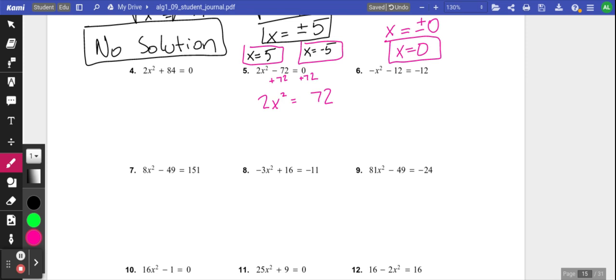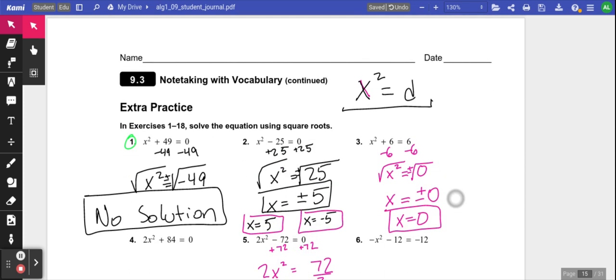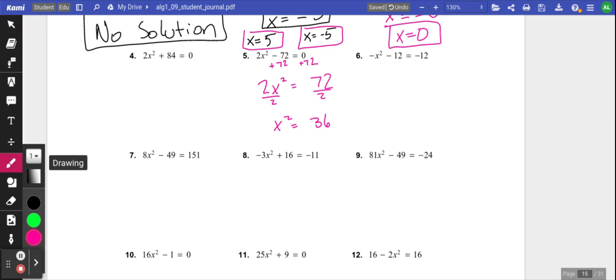I'm also going to divide out the 2 before I square root this one. x squared is equal to 36. Now that I just have x squared equal to a value, now I can go ahead and square root all of this. I know this has to be the positive or negative square root, so x is equal to positive or negative 6.